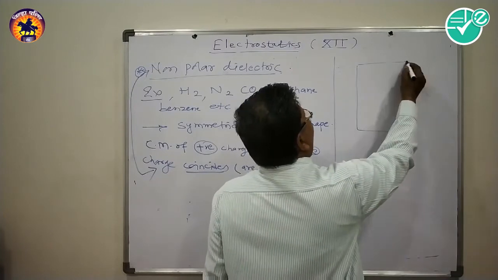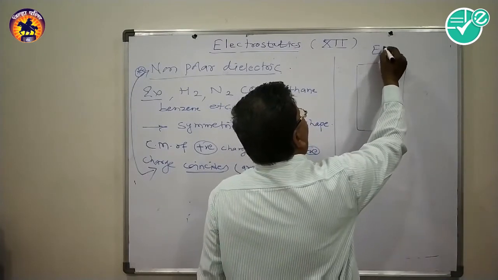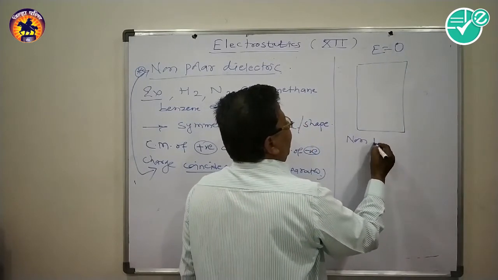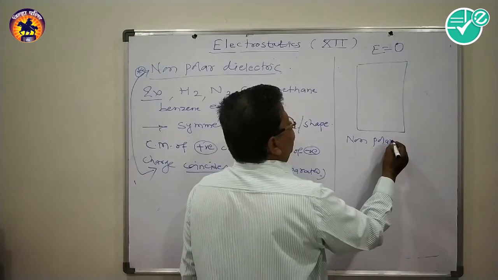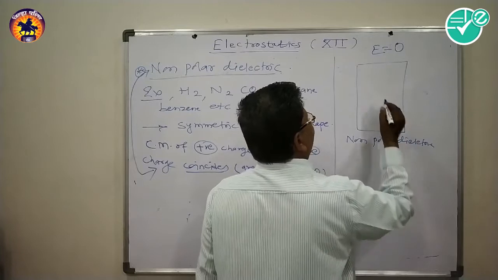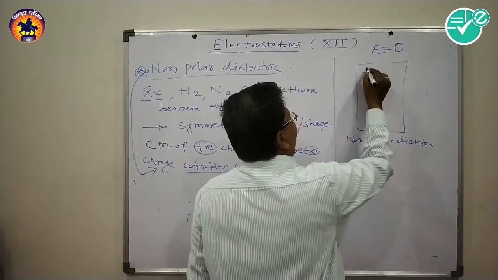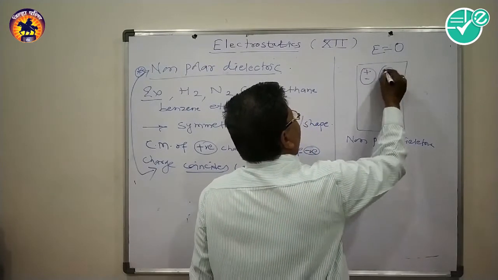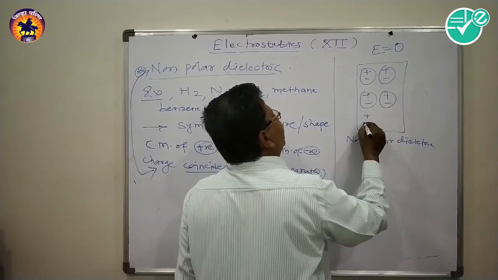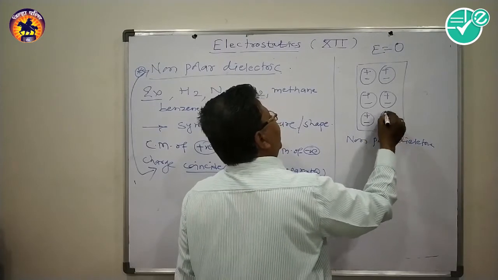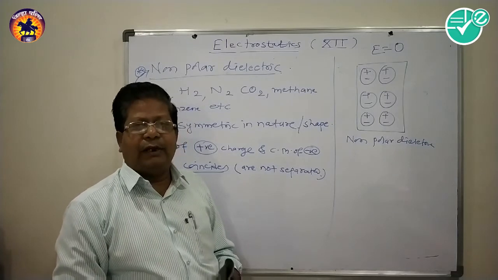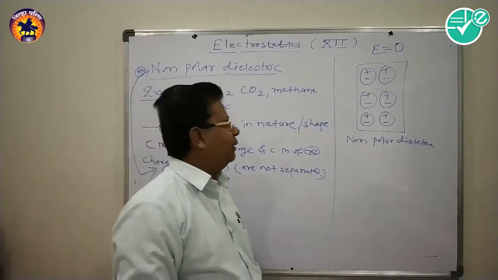That means if electric field equal to 0 is applied to a non-polar dielectric substance, then they do not possess any electric dipole moment. That means electric dipole moment is absent in the normal state, in the absence of electric field.